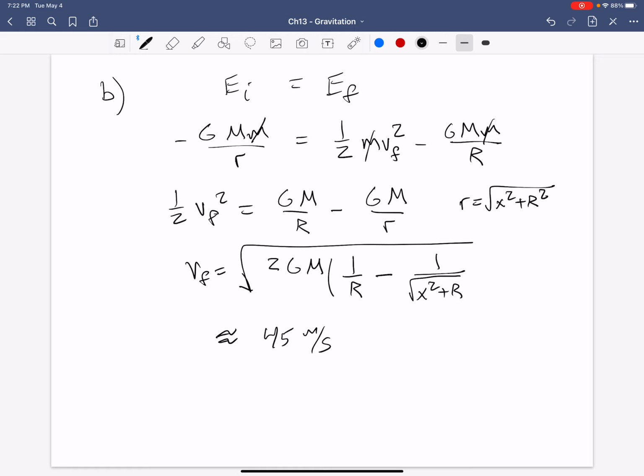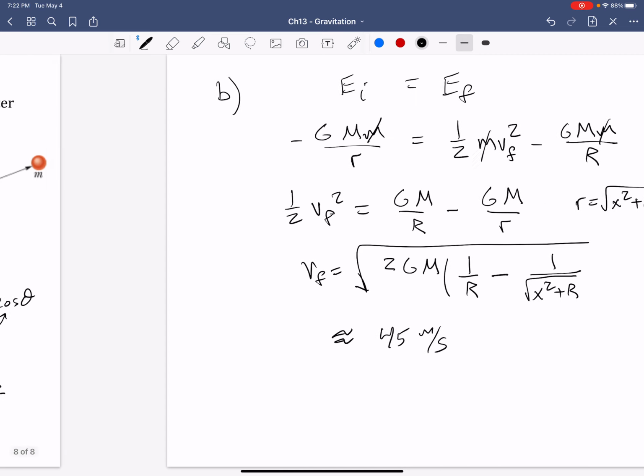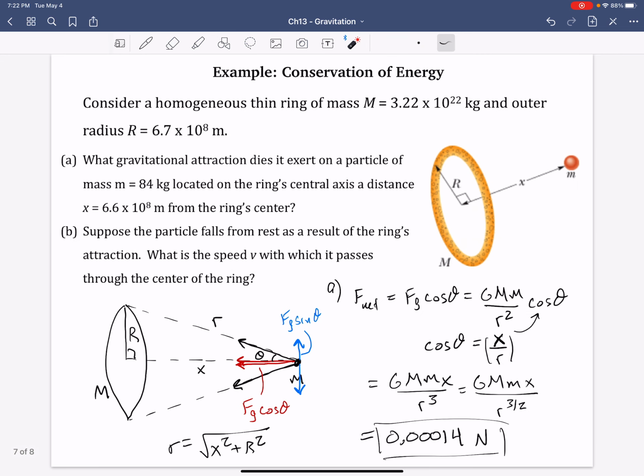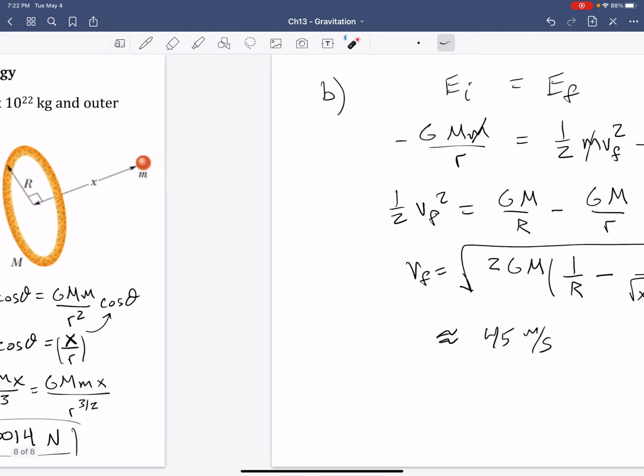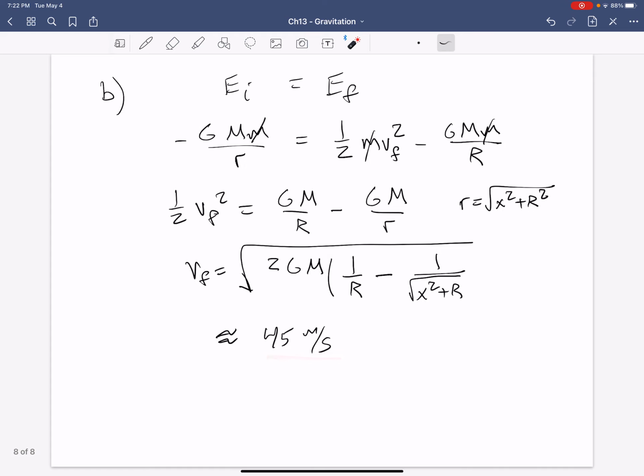So that's a considerable speed, but in the grand scheme of things, it's not that fast, though it is non-zero. It will be traveling some final speed after traveling almost 1 billion meters. It'll go from 0 up to 45 meters per second.